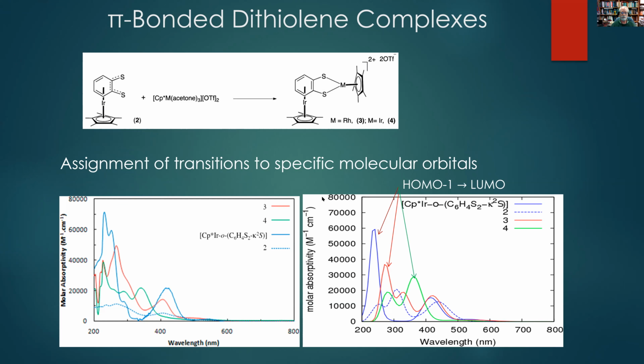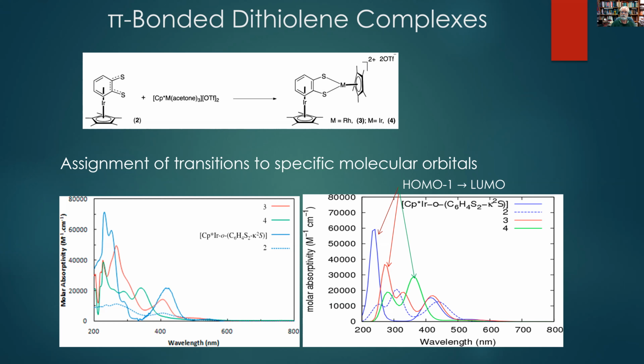I should point out that the reason the agreement is so poor at short wavelength is because when we run these calculations, we have to estimate how many electronic states we're going to need to calculate to reproduce the spectrum. And on the right, these spectra were all obtained by calculating up to 30 excited electronic states for each of the 4 systems.